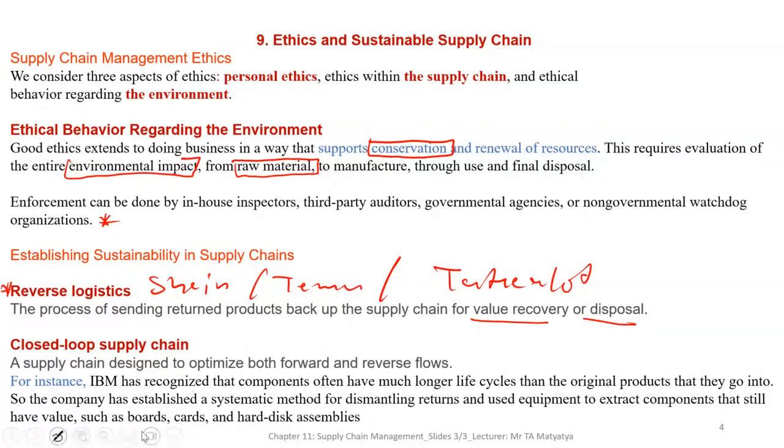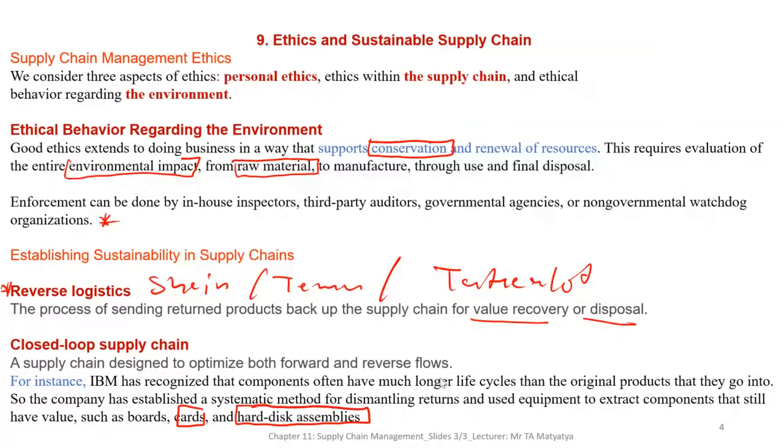So the company has established a systematic method for dismantling returns and used equipment to extract components that still have value, such as motherboards, PC cards, and hard disk. This is more like your hard drive cover, or let's just call it what it is, your hard disk assemblies.